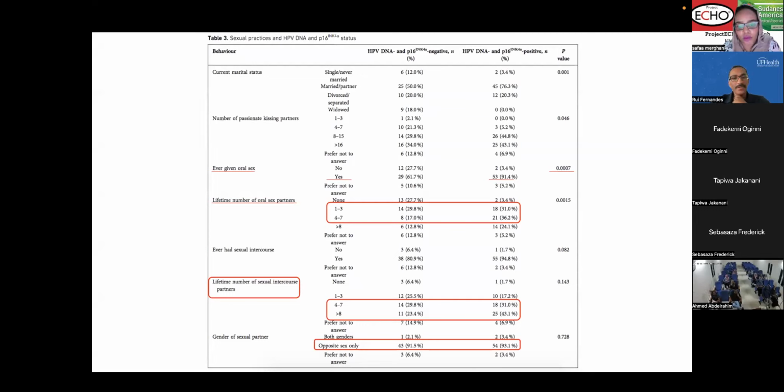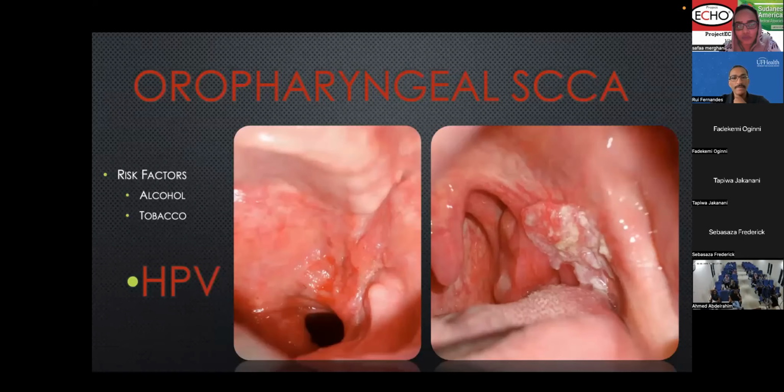HPV tends again to be more of an oropharyngeal issue, as you can see here towards behind the retromandibular region, retromolar pad region, and that it becomes important in terms of our clinical inspection and how we manage the patient.